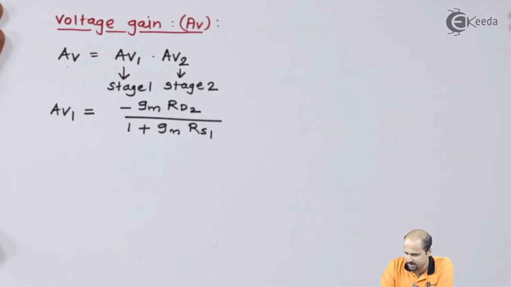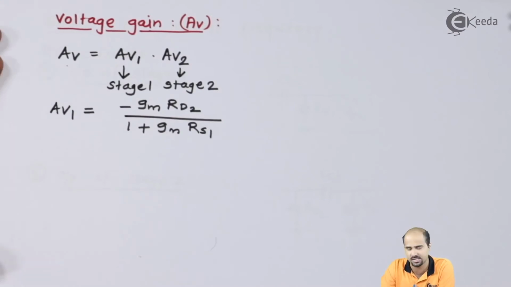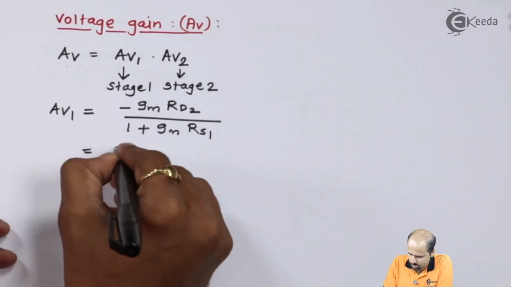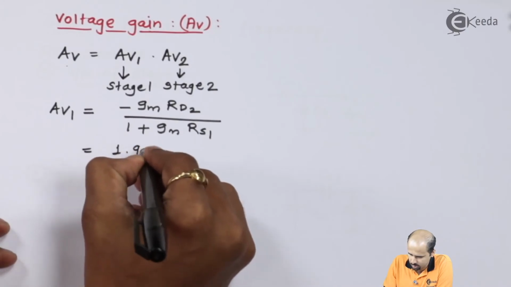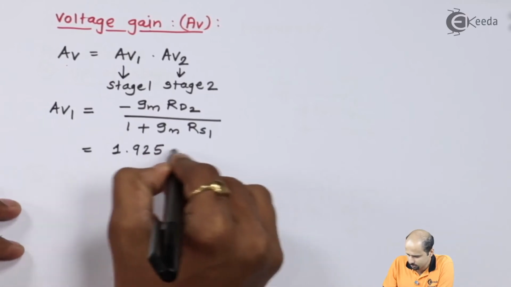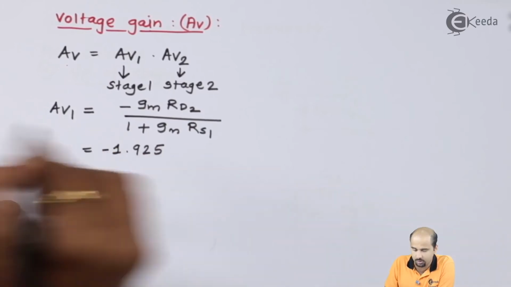As far as this formula is concerned, everything is known to us, right? GM is equal to 3.92, RD2 is equal to 1.8, I guess, yes, 1.8, and RS1 is given, that is 680 ohm, right? So just put the values, get the answer, check whether your calculation is working or not, and come to me. Here we'll be getting the value as 1.925 with a negative sign as well.